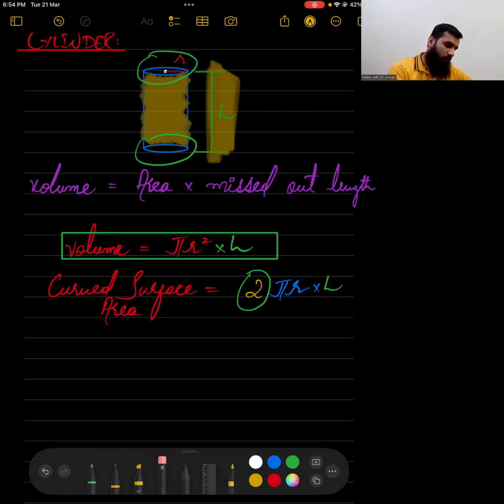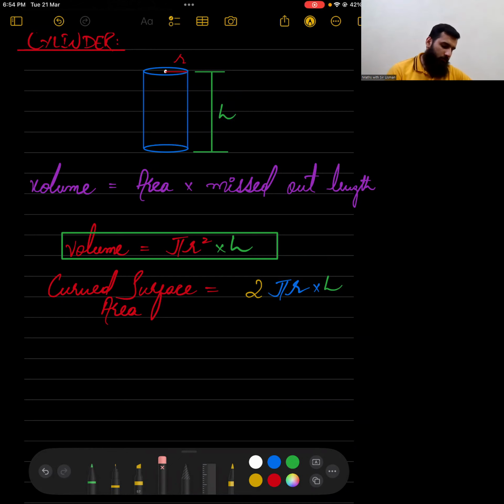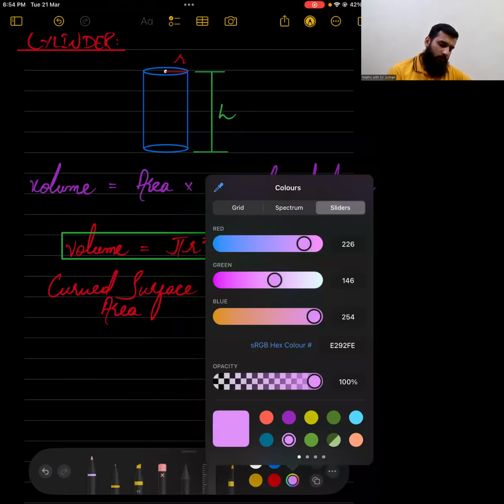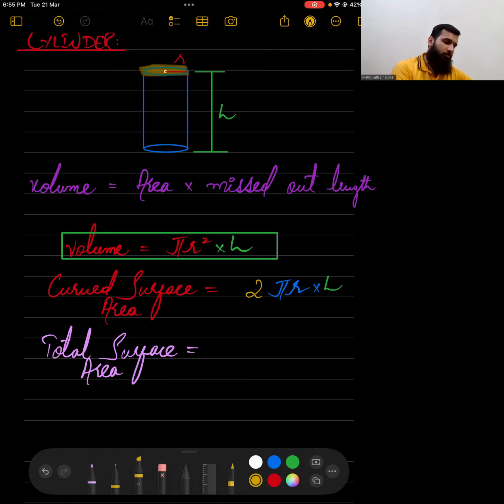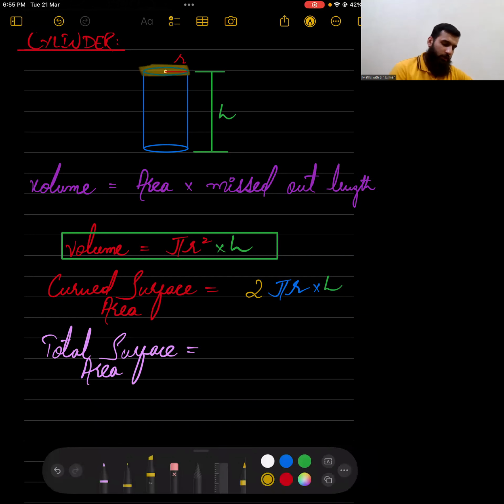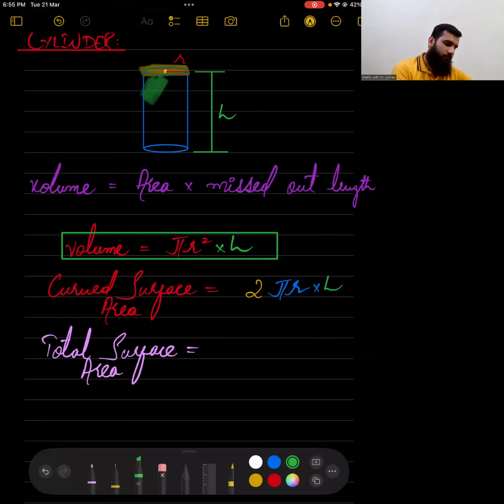Now moving forward, we have the next formula, in fact the last formula for this shape, and that is your total surface area. So the total surface area for the cylinder is actually going to be your top circle, your curved region right over here, and then your bottom circle over here.